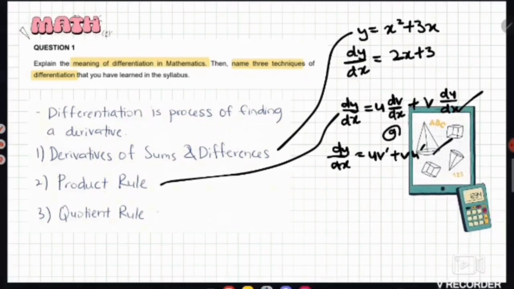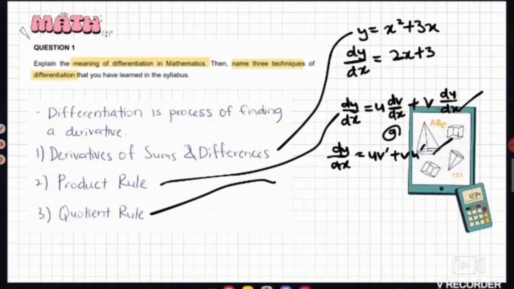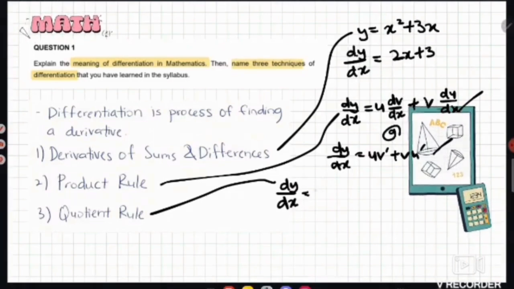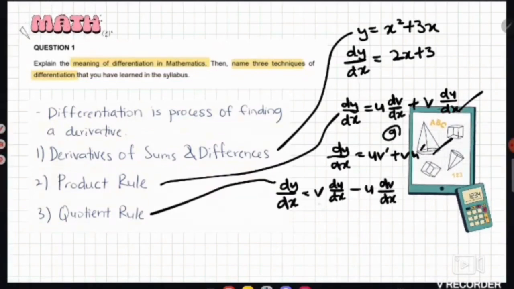And quotient rule is the same as product rule, which also has a formula, but it is used when one function is divided by another. So the formula is dy/dx equals v du/dx minus u dv/dx over v squared.